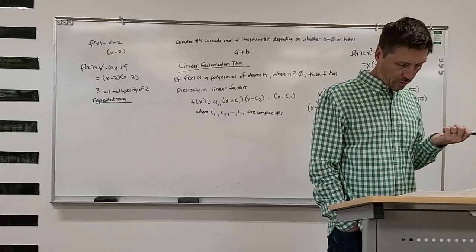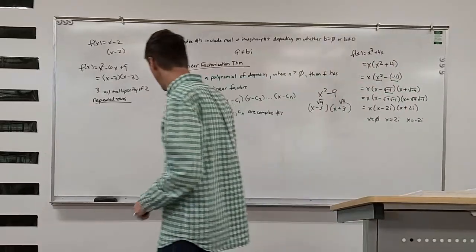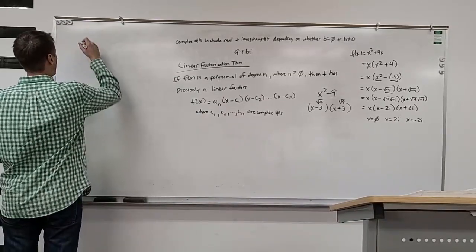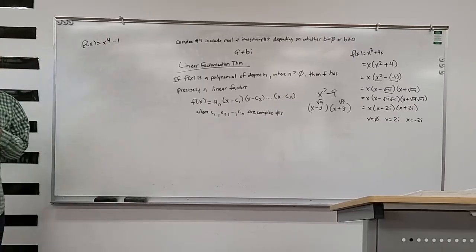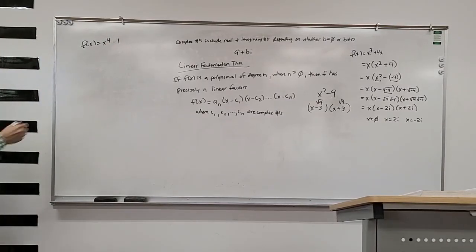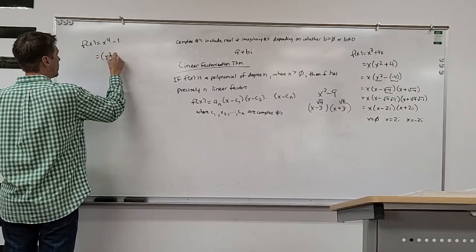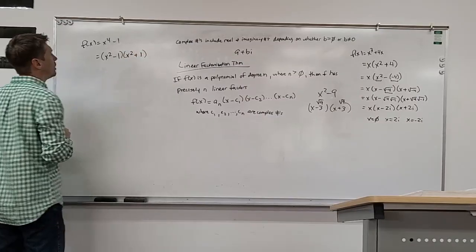And there's one more, a 4th degree polynomial example. It's the same kind of thing that we just did, but they gave us f of x equals x to the 4th minus 1. So again, we recognize that as the difference of 2 squares, and so we can factor that as x squared minus 1 times x squared plus 1.